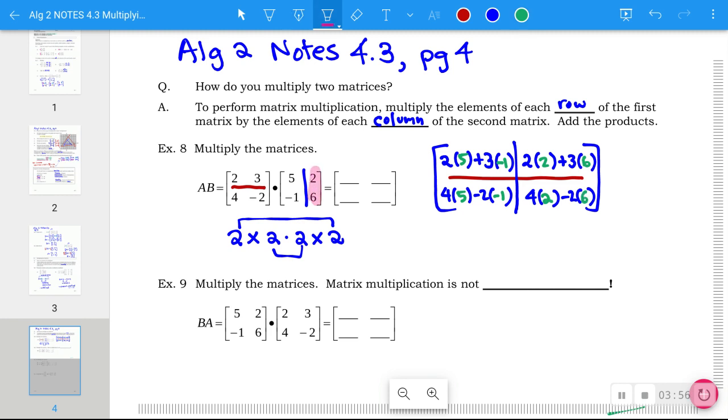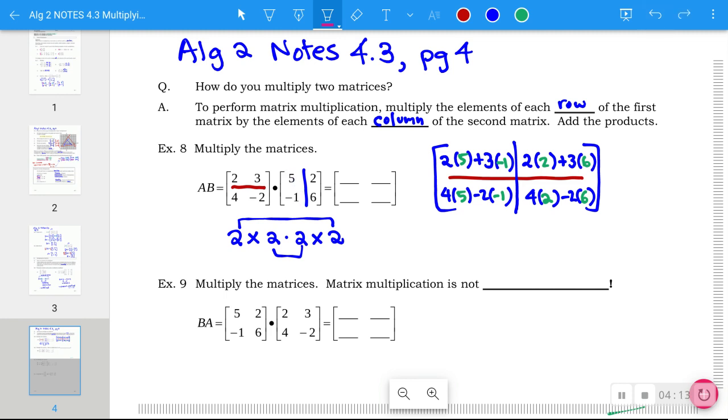You can see that these numbers get used all over here on the right, and these numbers get used on the left. When you put them in, make sure that you do the top, then the bottom.